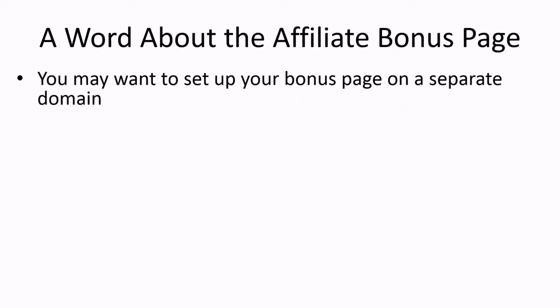So we're going to do that here. And this is what we were talking about last week. Now, one of the things that was not mentioned last week that needs to be is that you may want to set up your bonus page on a separate domain. For example, you may want to set it up on a different domain than your JV page, especially because the affiliate bonus page is going to be used by your affiliates, right?